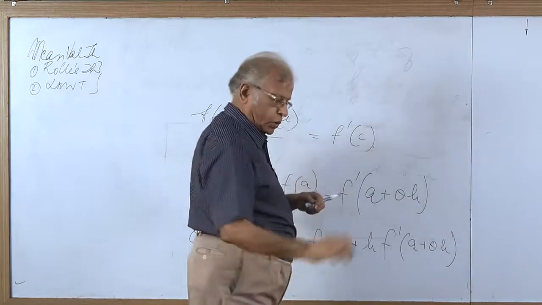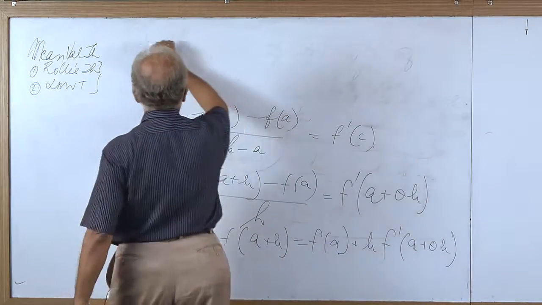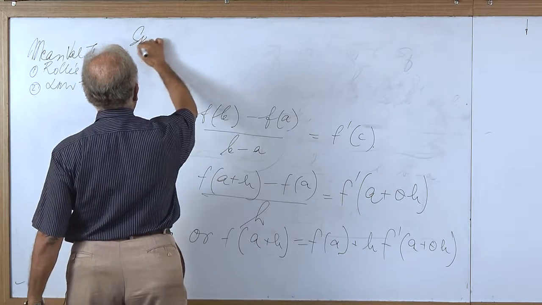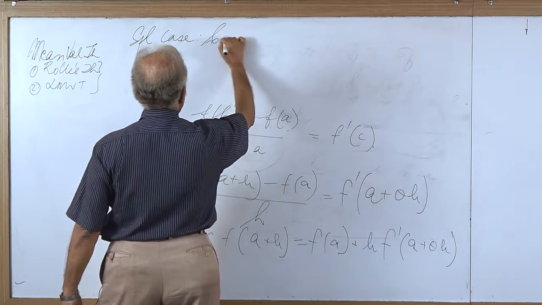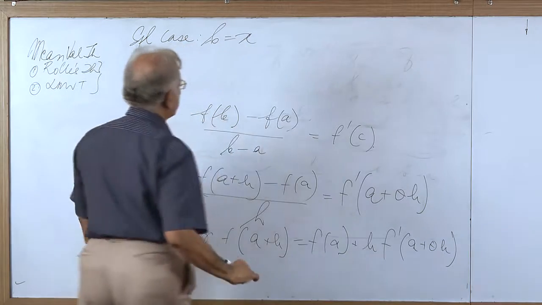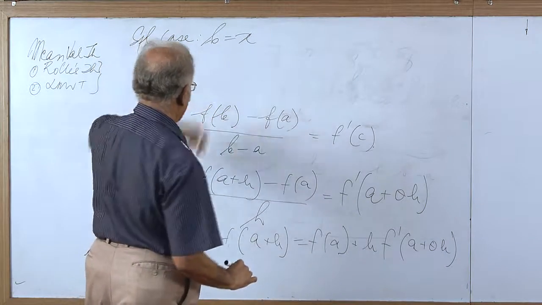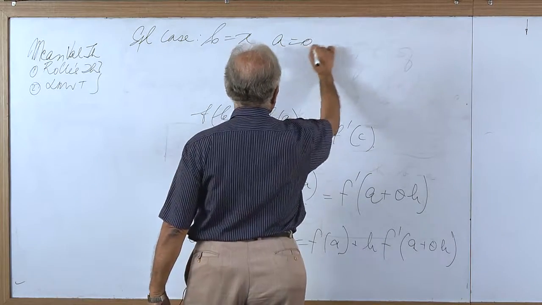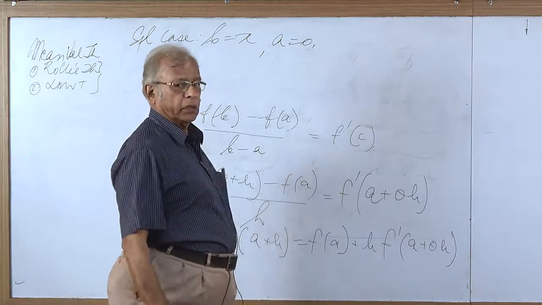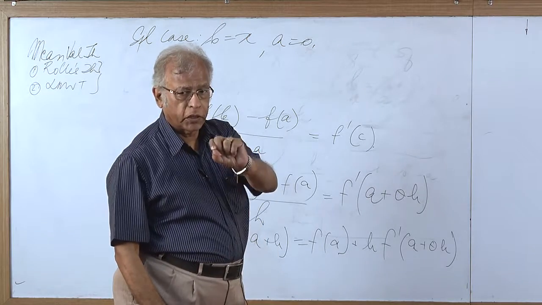So let us choose a special case. b is represented as a general value, x, which is a floating value. a is taken to be 0, that means the point of the origin.